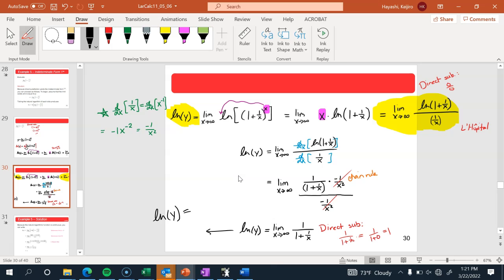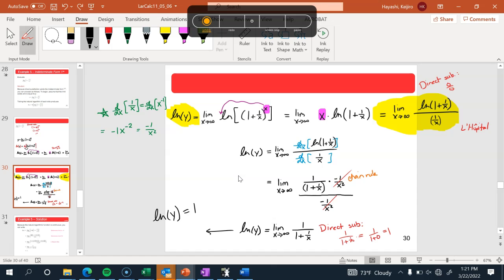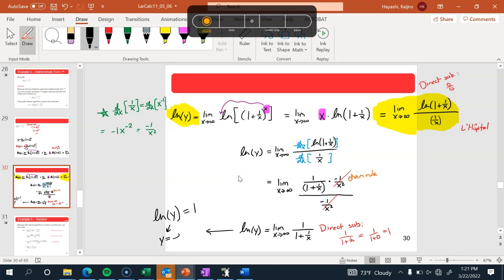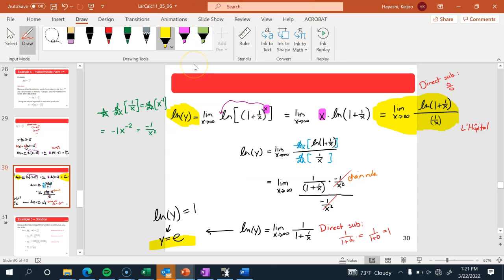If the natural log of y is 1, it follows that y, which is what we assign to our limit, is e. So the limit itself, like the value of the original limit itself, is e.